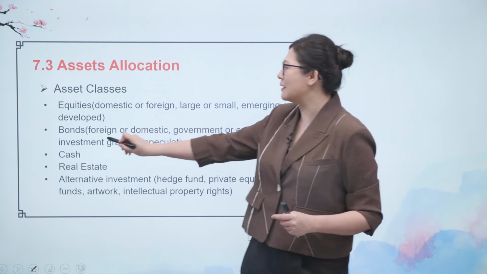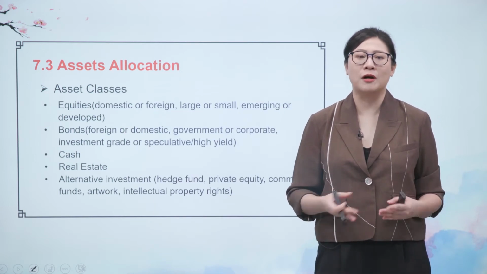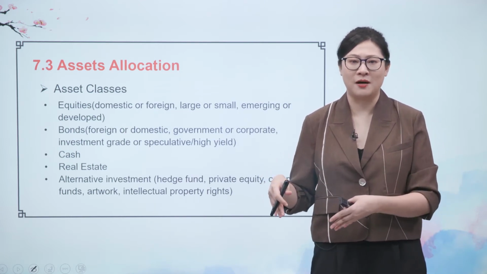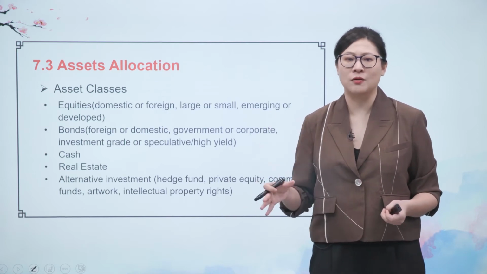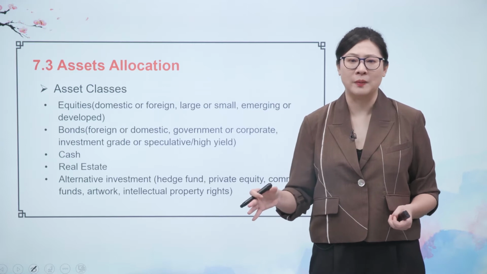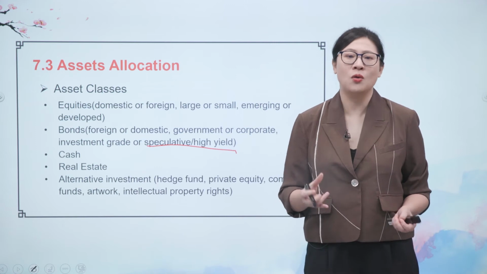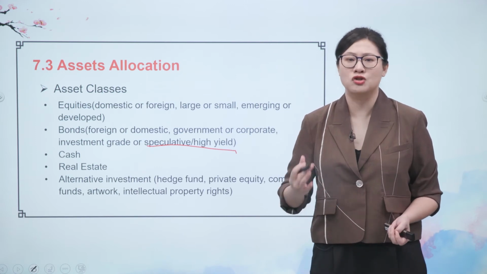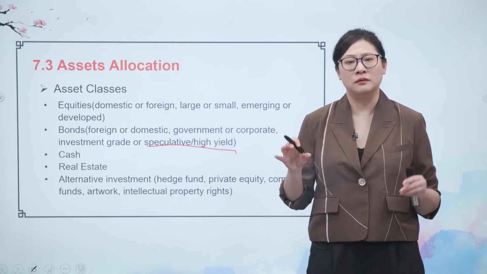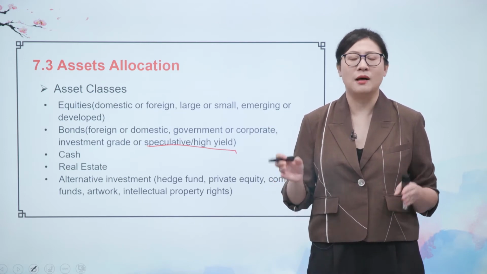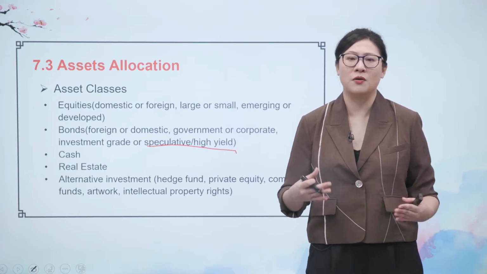The second asset class is bonds. For bonds, we can also separate foreign bonds and domestic bonds, government bonds and corporate bonds, investment grade bonds and speculative high yield bonds. The speculative high yield bond is very popular in the US. We can also call it a junk bond. This was a very famous bond in the 1990s, and lots of companies used junk bonds to merge with small companies.